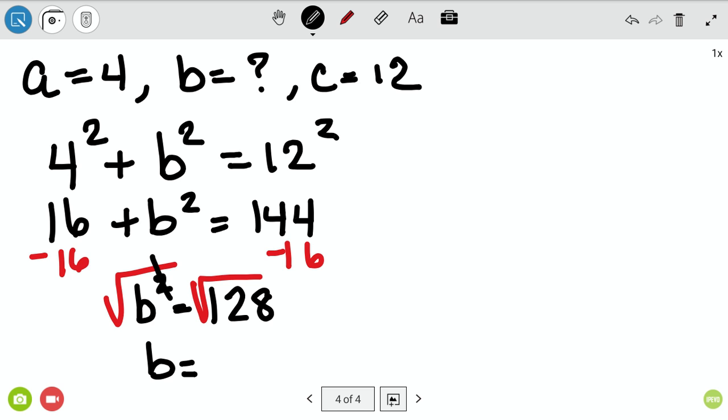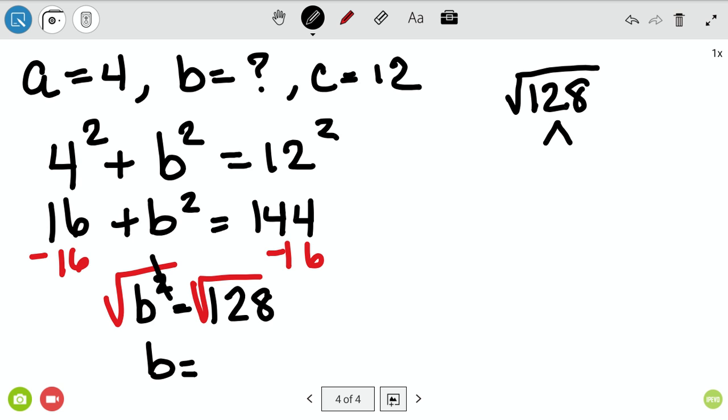Punch in your calculator the square root of 128. If you happen to know whether or not it's perfect or not, you don't have to do this, but what'd you get? Okay, so that tells us it's not perfect. So we need to come out here to the side, take the square root of 128, and simplify it. It's even.